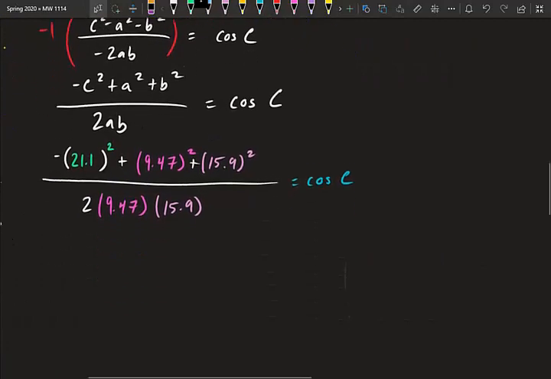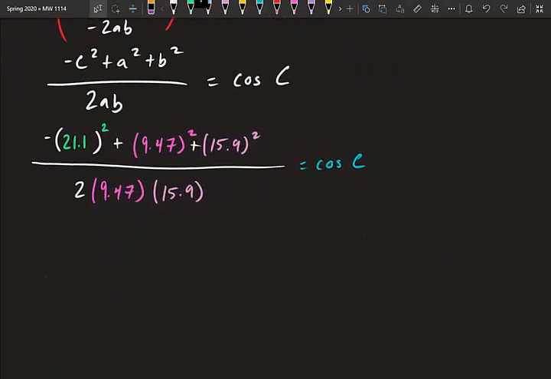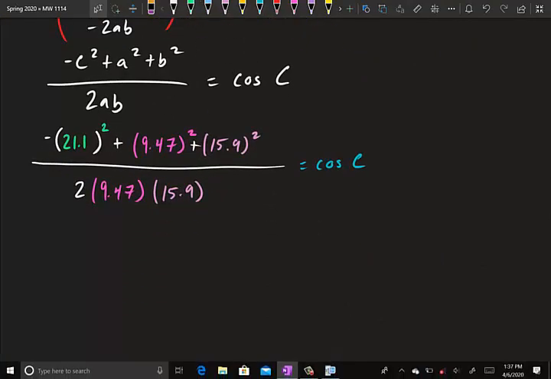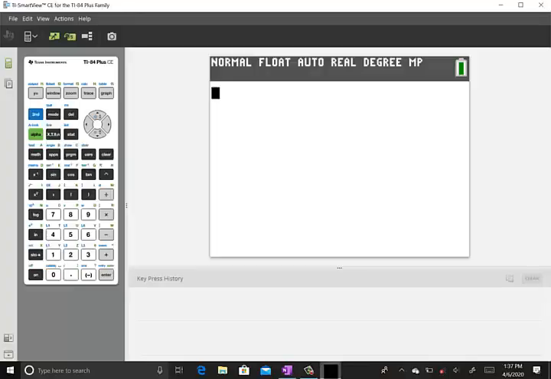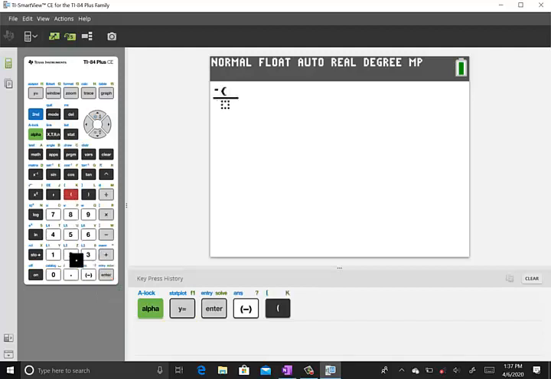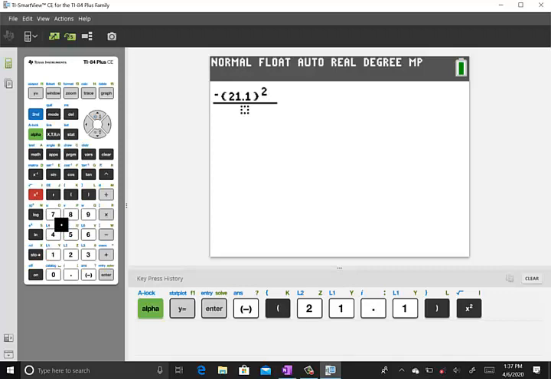All right. Let's plug this into our calculator. I'll walk you through it. So with our calculator, we have our values of, so fraction first, negative 21.1 squared plus 9.47 squared.